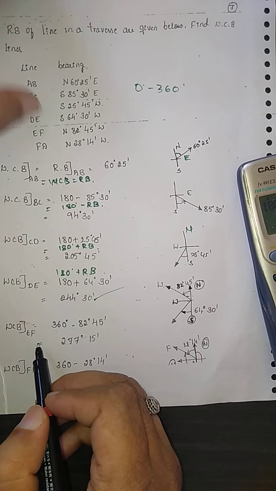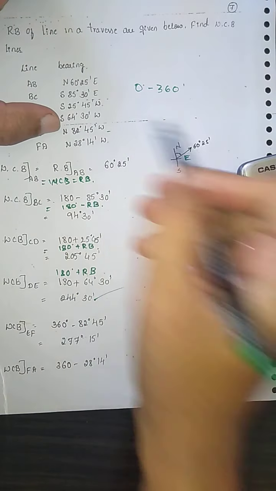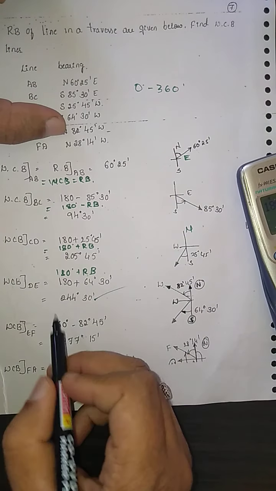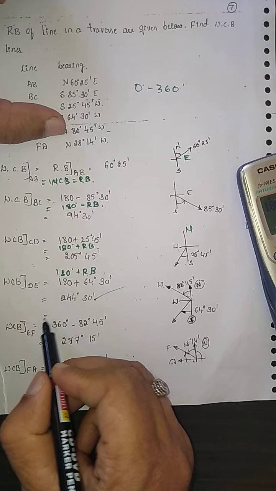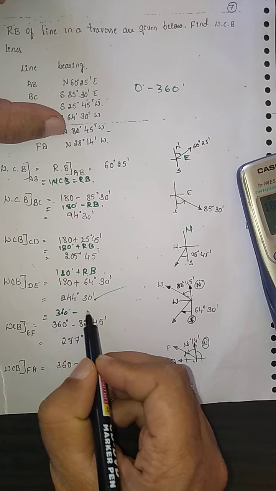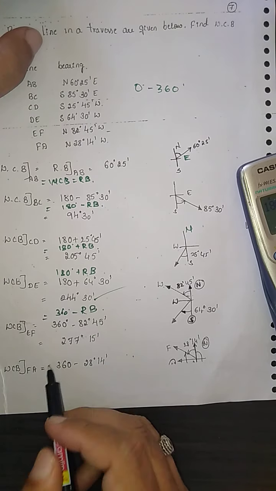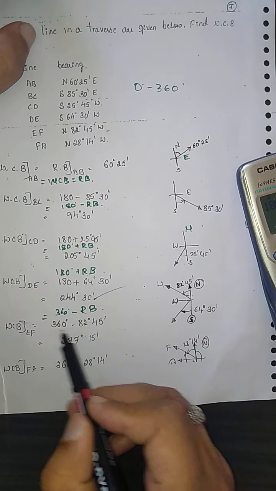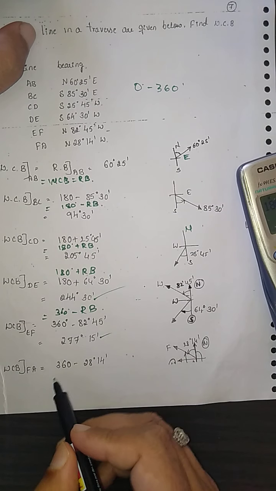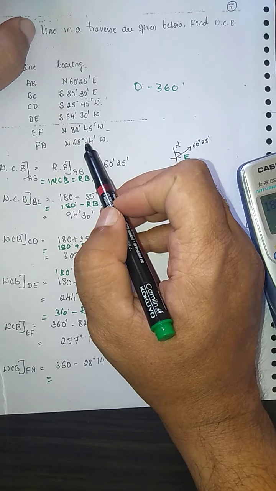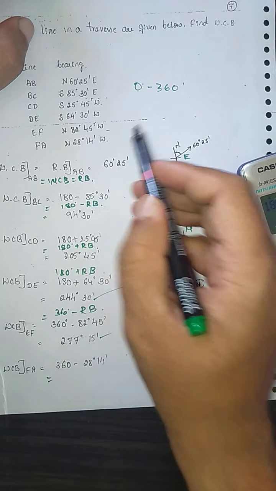Again, the next one, EF, is northwest. Northwest comes under the fourth quadrant. So the formula is 360 degree minus RB. If you reduce 82 degree 45 minutes from 360, you are going to get the answer like this. Then similarly, north 28 degree 14 minutes west.